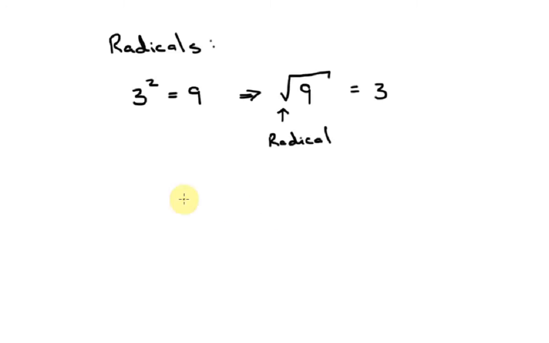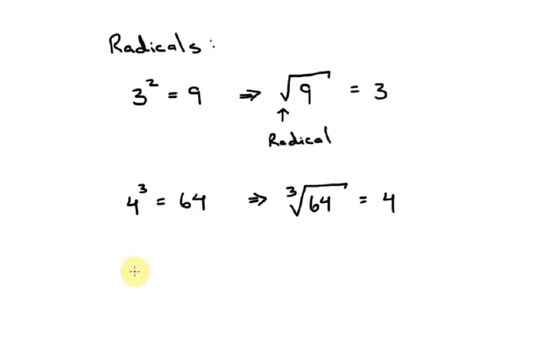And so we can quickly figure out things like, if we knew, say, 4 cubed is 64, then to express that information with a radical would look like this. The cube root of 64 is equal to 4. Or let's see if we've got another nice friendly one.